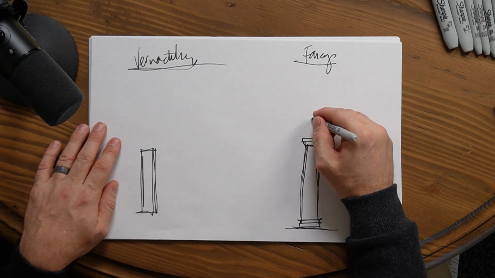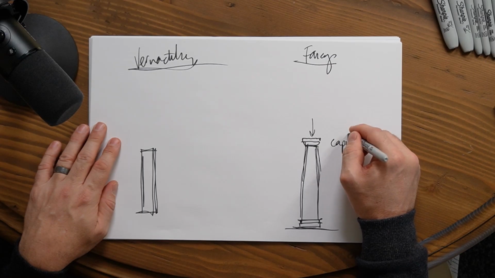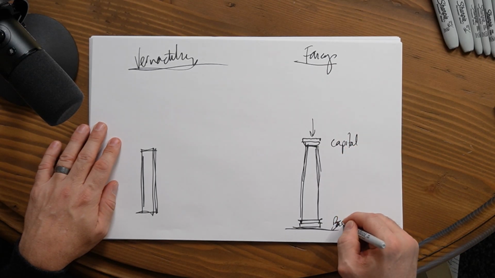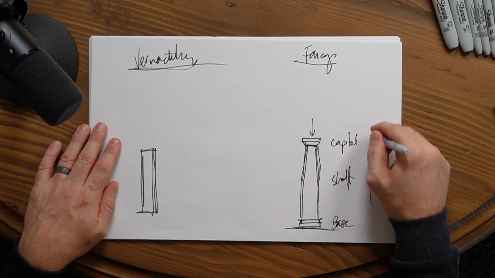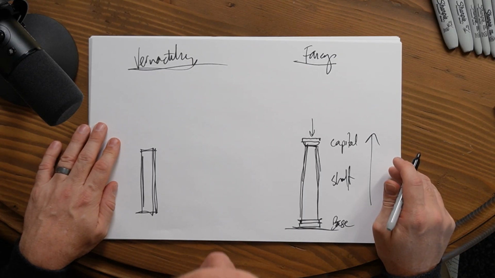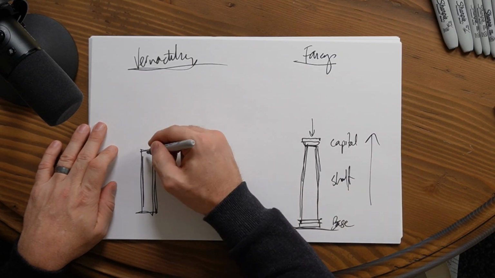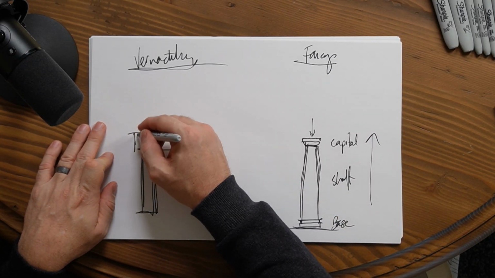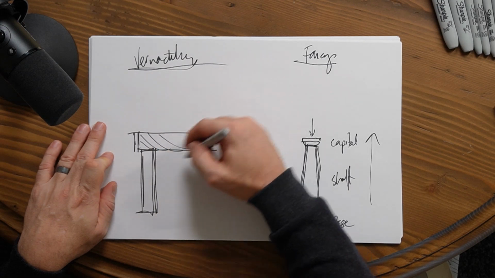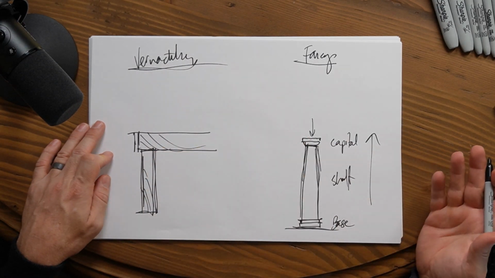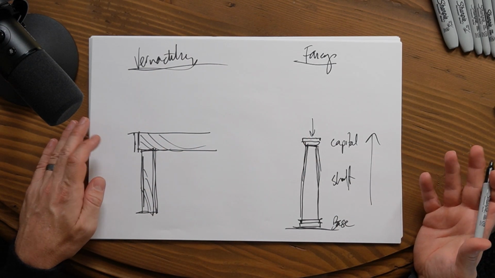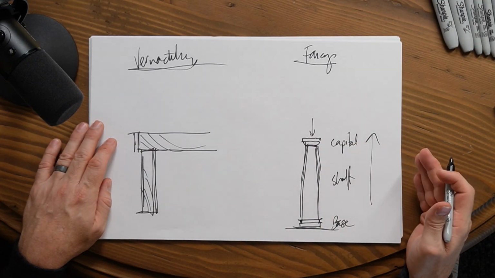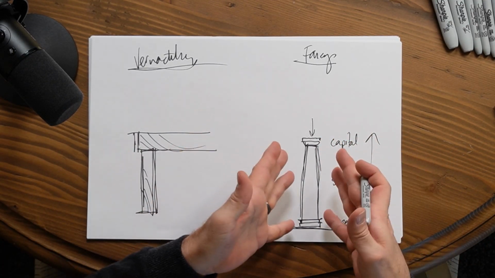But as you begin to put a capital and a base, that ups its overall fanciness, right? Because if I just have a timber and a beam, and that's just a wood timber, wood beam, it's very vernacular. And it's the easiest thing that you can do rather than sculpting a whole fancy column.